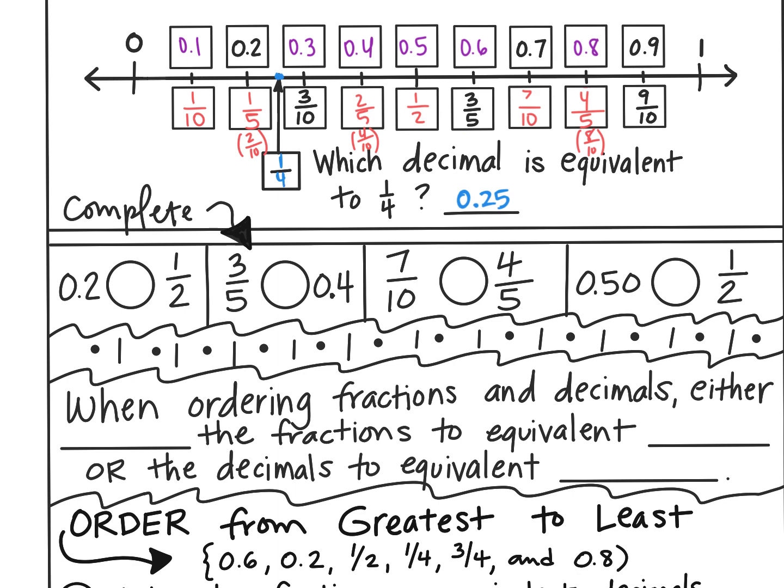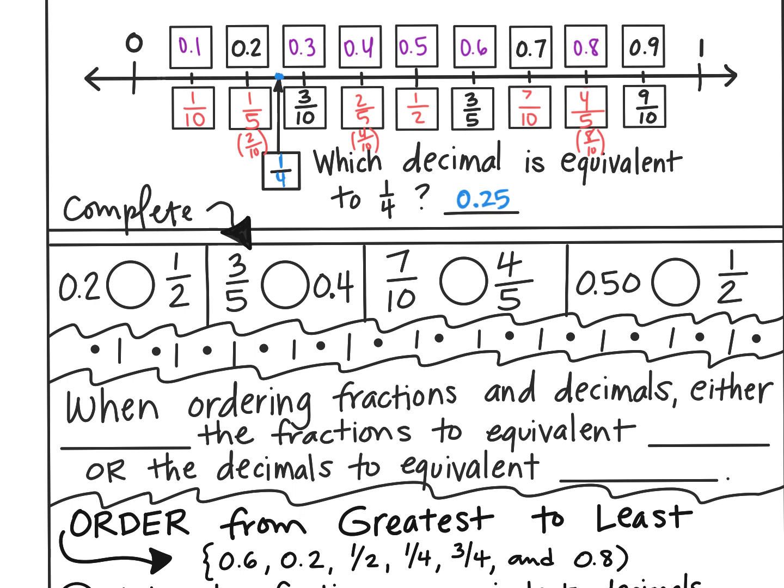If you are ever given decimals and fractions, you need to choose one that you want to convert the other to. So if you like decimals a lot better, then you may want to change all of your fractions into a decimal before you compare them or order them, especially ordering them. Comparing's not as difficult because you're really just looking at two numbers, but when you have more than two, it starts getting confusing. So we're going to practice that in just a minute.